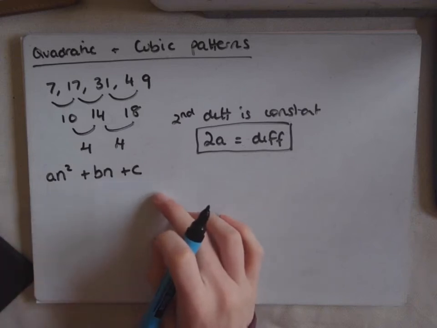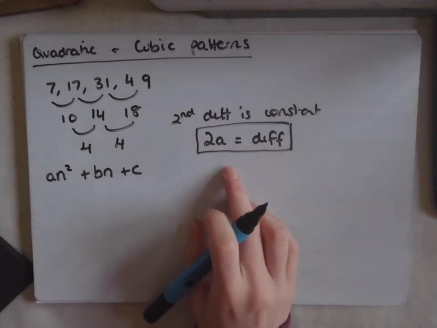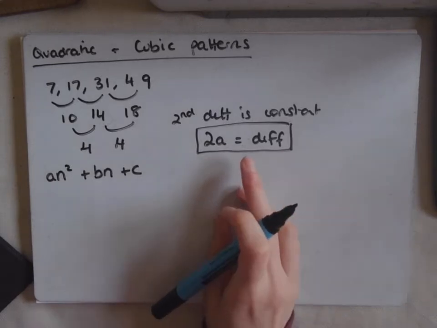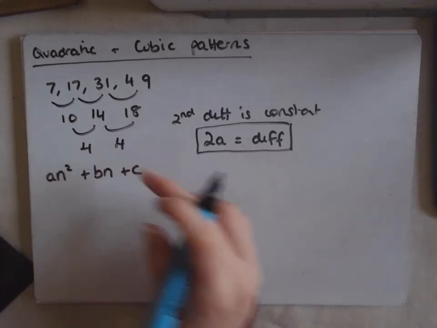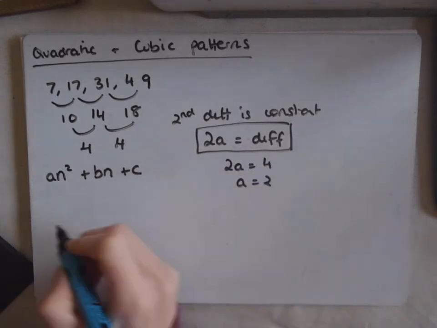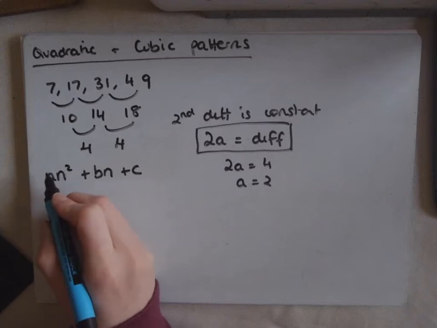That is your general term for a quadratic. And you have to learn off that twice the coefficient of a is the difference, or 2a is the difference. In this scenario, it would be 2a equals 4, so a is 2. You'd have already the coefficient of n squared. That would be 2.